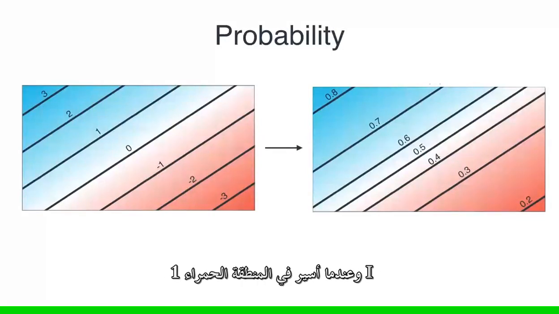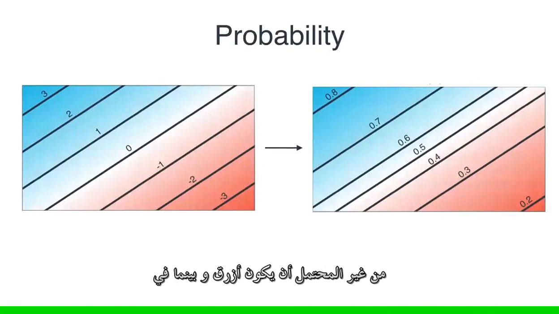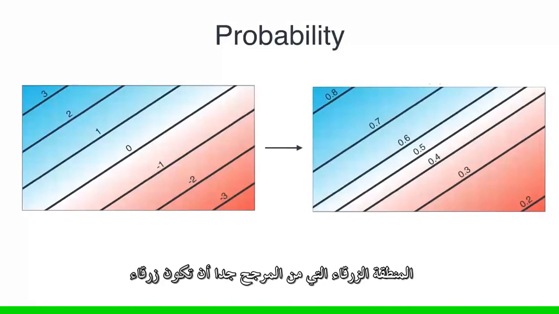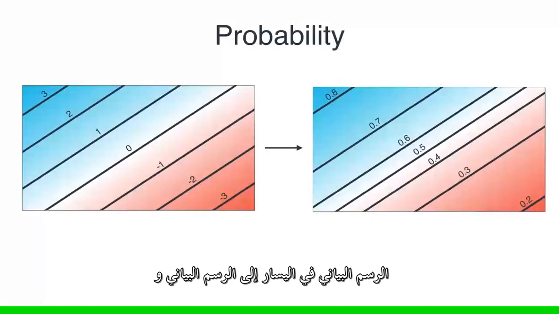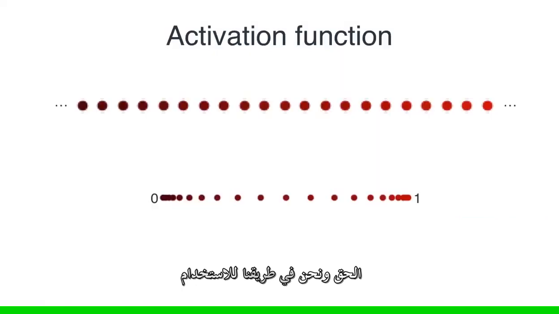And as I go down in the red area, I want my numbers closer and closer to 0, because in the red area, you're very unlikely to be blue, whereas in the blue area, you're very likely to be blue. So what we're going to use to turn the graph on the left into the graph on the right is an activation function.